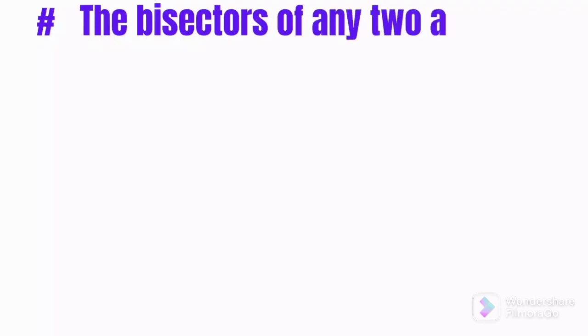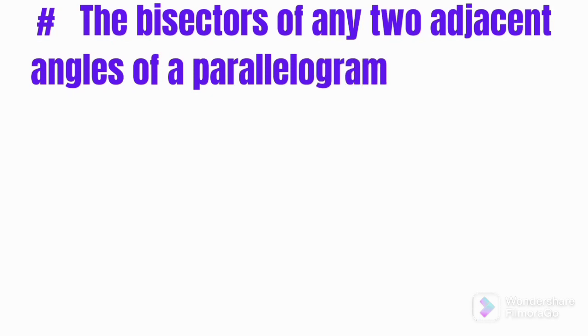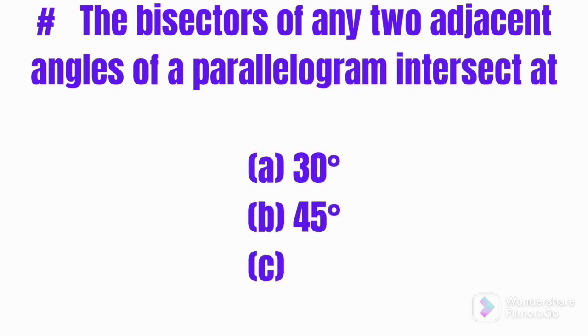The bisectors of any two adjacent angles of a parallelogram intersect at 30 degrees, 45 degrees, 60 degrees, or 90 degrees.